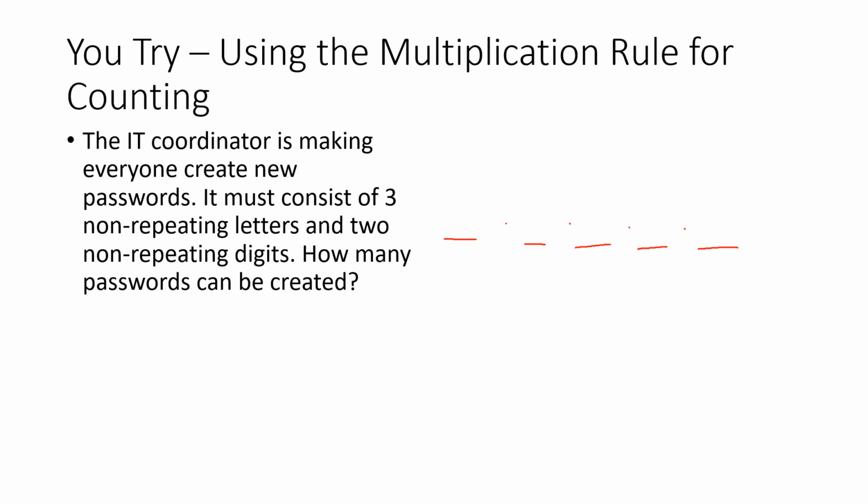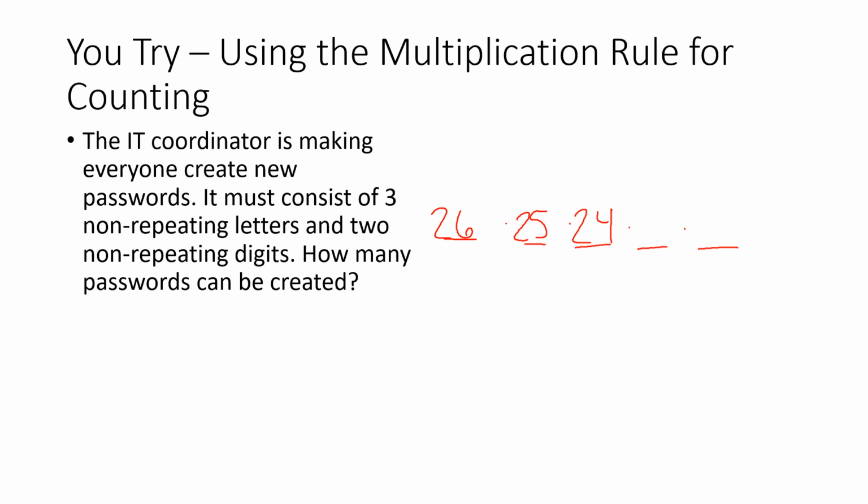Now the first part of your password is 3 non-repeating letters. The alphabet has 26 letters, so you have 26 choices for the first one. Then 25 choices for your second letter, because now you've used whatever letter, you can't use it again. And then you have 24 choices for the next. Now we've satisfied our 3 letters.